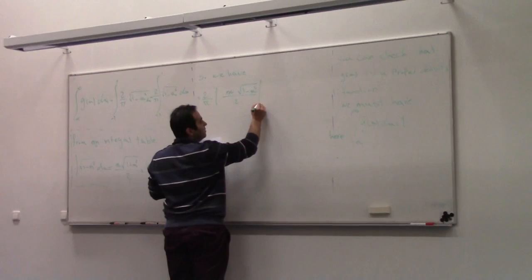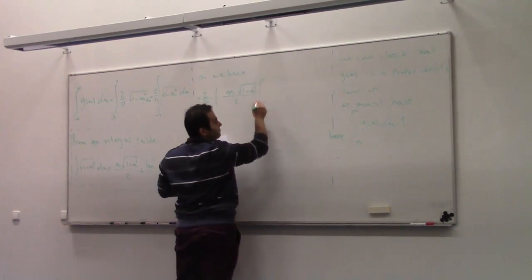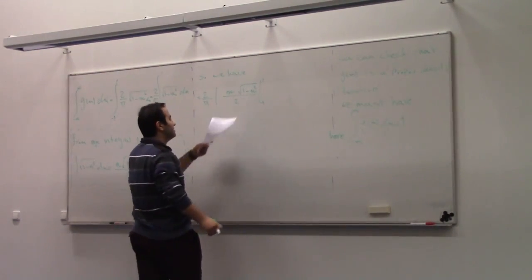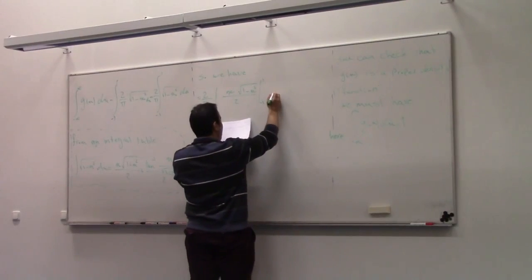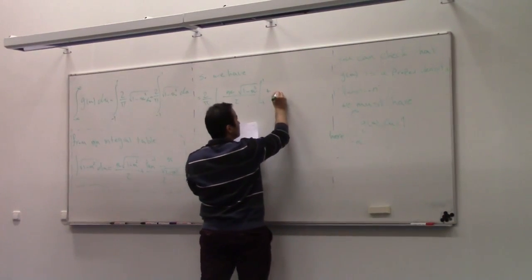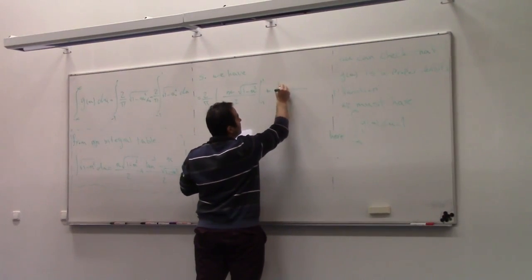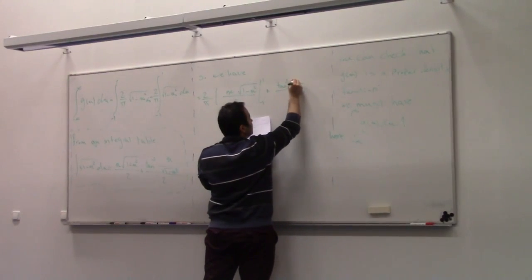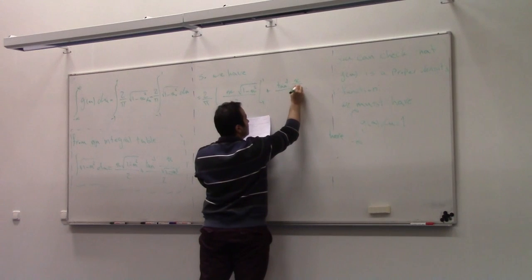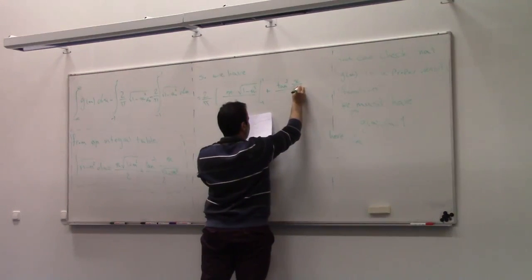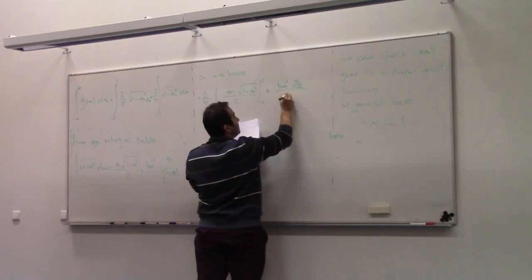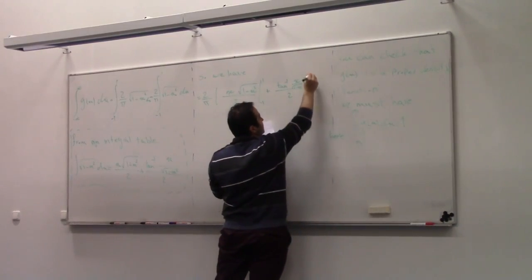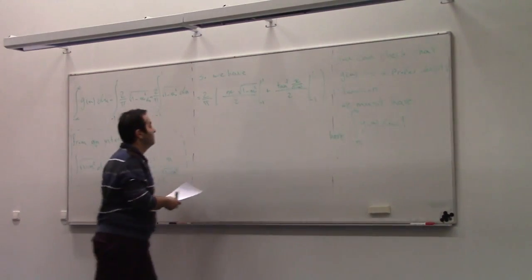Then we have to write -1 and 1. We have to put -1 and 1 instead of the x here, and also plus tangent inverse of x over the square root of 1 minus x squared, over 2, from -1 to 1.